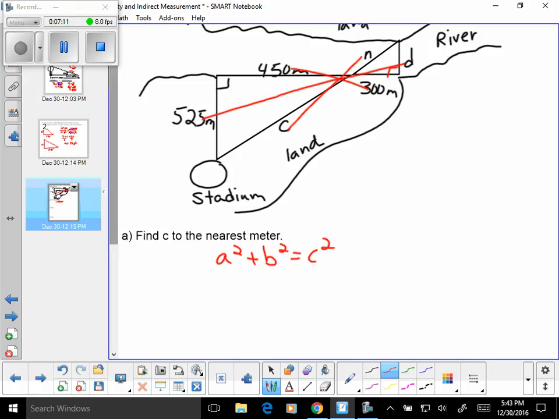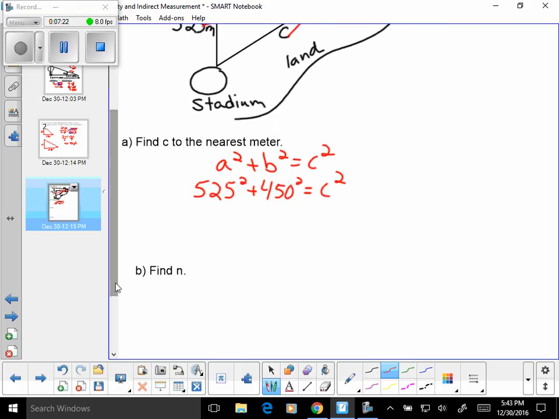A squared is going to be 525 squared plus 450 squared equals c squared. 525 squared is 275,625, and 450 squared is 202,500. We add those.